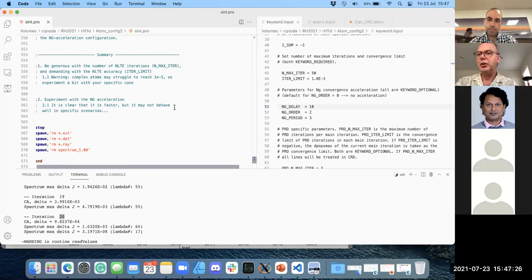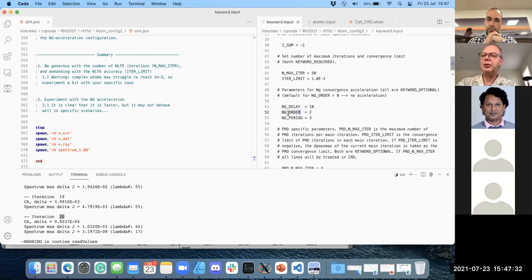So the order is the number of iterations that it uses to predict the next, and the period is how often you do a regular iteration before you attempt another acceleration. And the delay, as you explained, is the number of iterations you do before you start doing this kind of iteration.